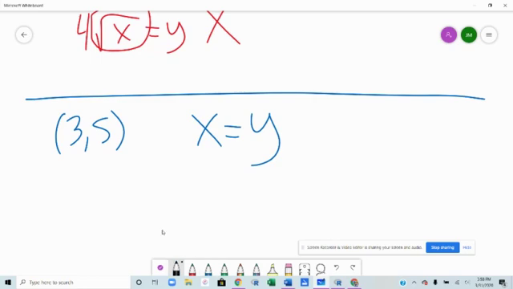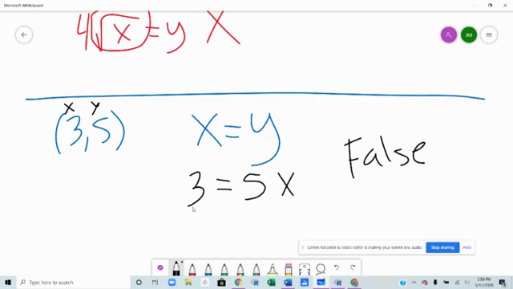The very simple way to do this is you are given an x value and a y value. Plug your x value in for x and your y value in for y. So x is 3 and y is 5. Is 3 equal 5? No, so this is false. 3, 5 is not true for this equation.